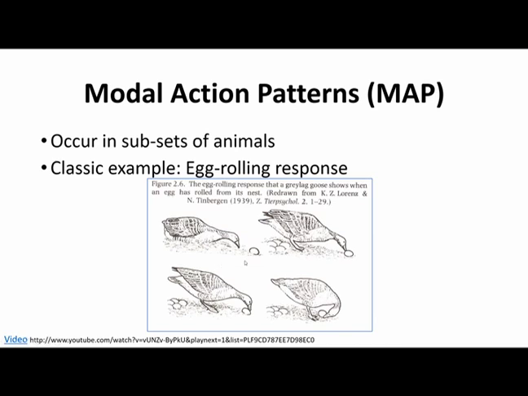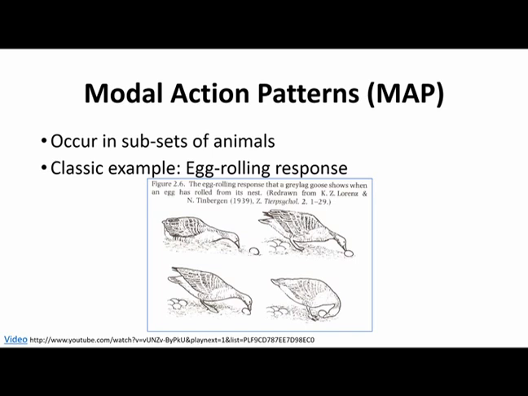In this example, our eliciting stimulus, the thing that triggers this modal action pattern, is the egg outside of the nest area. There are lots of stories about discovering this and testing the extent to which this behavior will happen.